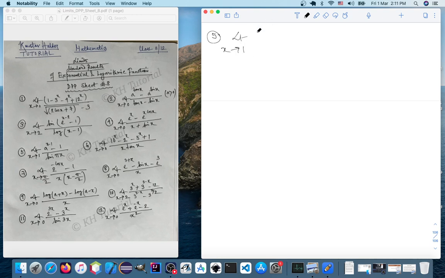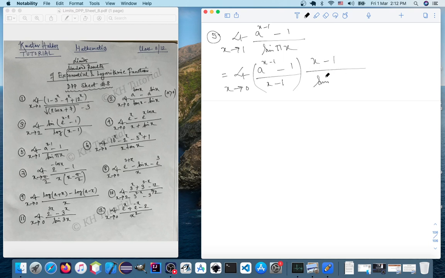Problem number 5: limit x tending to 1, a to the power x minus 1, minus 1, over sine pi x. So the general approach will always be to create the standard form. As we know, x minus 1 is tending to 0 as x tending to 1. So we would like to have x minus 1 in the denominator, and we will adjust this.